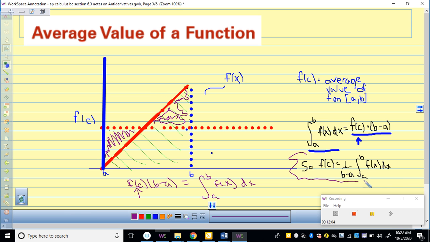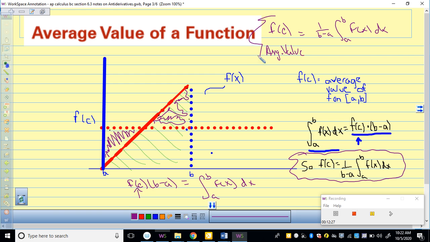So the average value of a function, which I'll write up here, f of c, which is our average value, equals 1 over b minus a times the integral from a to b of f of x dx.